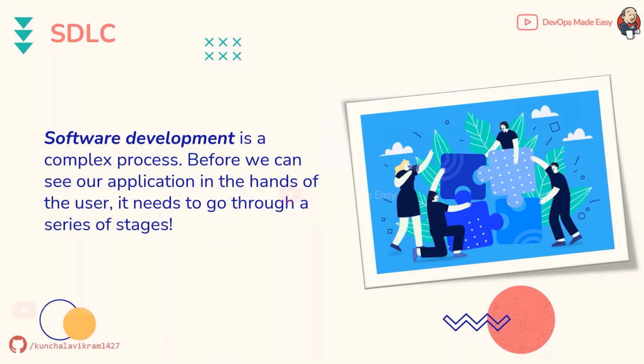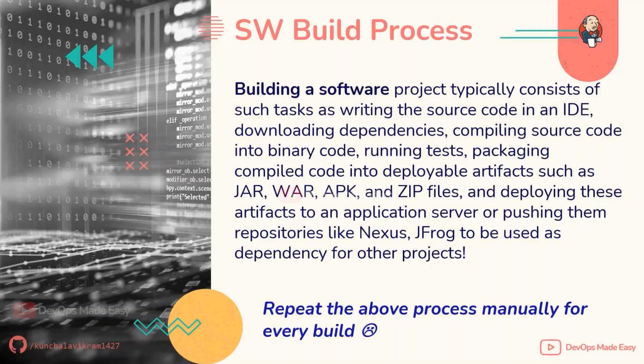Software development is not a very small process, so it has to go through a lot of stages, right? First you have to start writing your code in an IDE, get all the dependencies from the central repositories, and then we'll compile our source code. Then we'll pack it into the binary, run some test cases, and then package them either as a war file or a jar file.